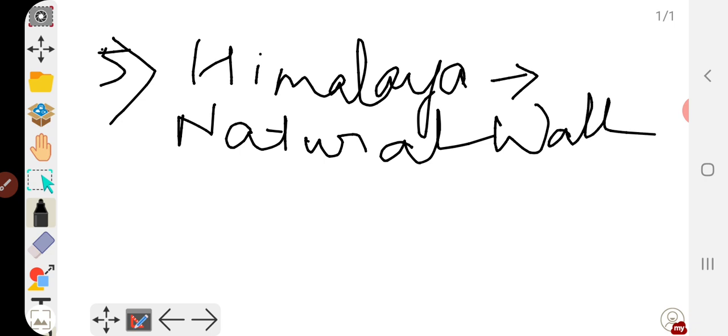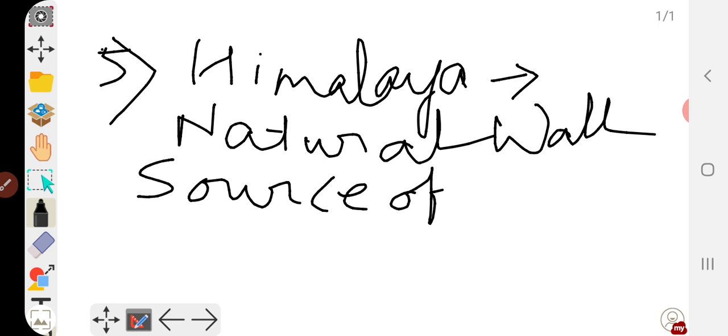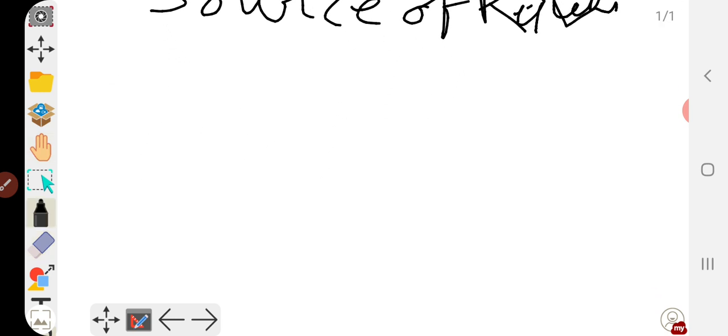Next, it is a source of perennial waters, or rivers, what we can simply write: it's a source of rivers.